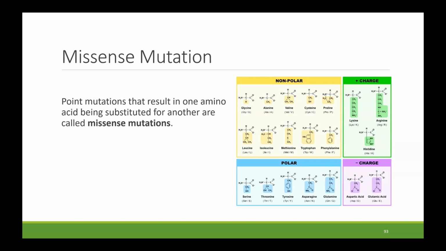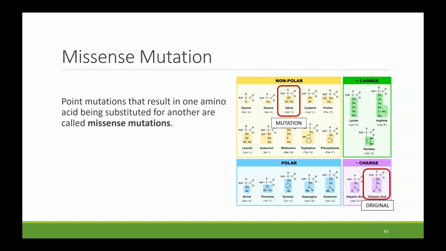Hopefully what you found is that the original healthy gene gives you the 7th codon being glutamic acid, and the sickle cell allele has the 7th codon as valine. I've highlighted both of those in the amino acid chart on the right-hand side.